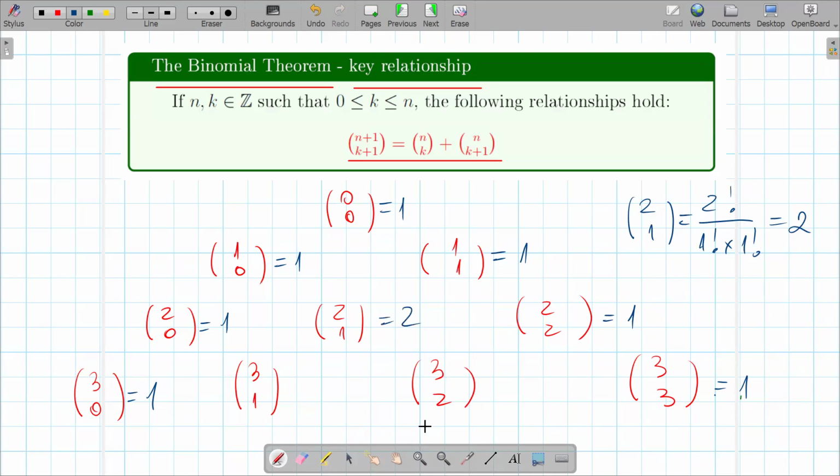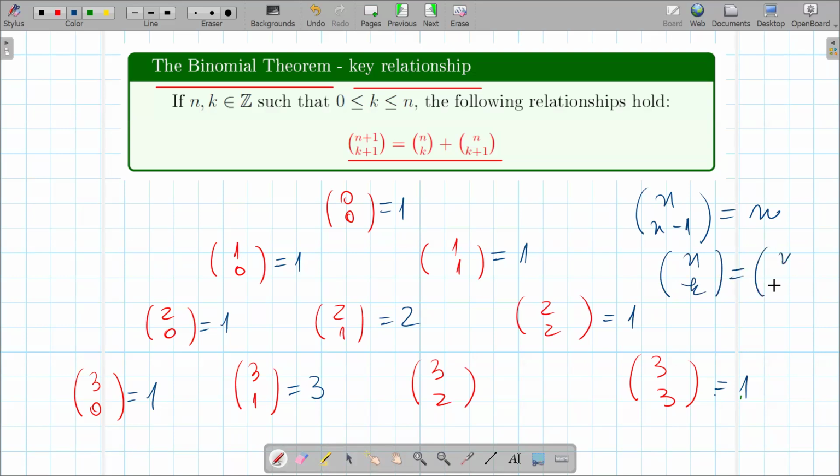Now, we also proved that, remember, n choose n minus 1 is always equal to n. So 3 choose 1 is equal to 3. We also proved that n choose k is equal to n choose n minus k. So 3 choose 2 is equal to 3 choose 1. So this is also equal to 3 now.